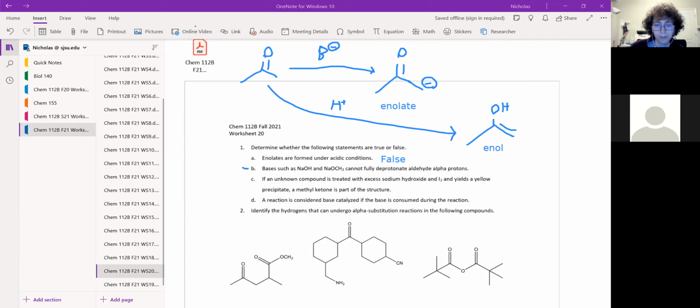Okay, next one. Bases such as sodium hydroxide and sodium ethoxide cannot fully deprotonate aldehyde alpha protons. And something that came up in class last Thursday, consider the pKa of those bases and the pKa of an alpha proton. That might help you figure this out.